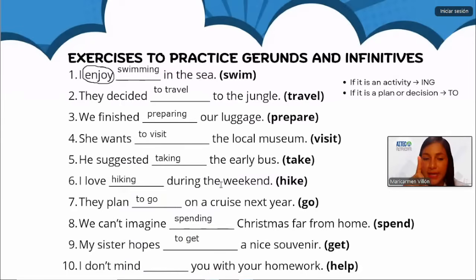One more, number 10. I don't mind you with your homework. Ese don't mind. También lo puse en el cuadrito anterior. Cuando tenemos ese don't mind. To help or helping. What do you think it is?